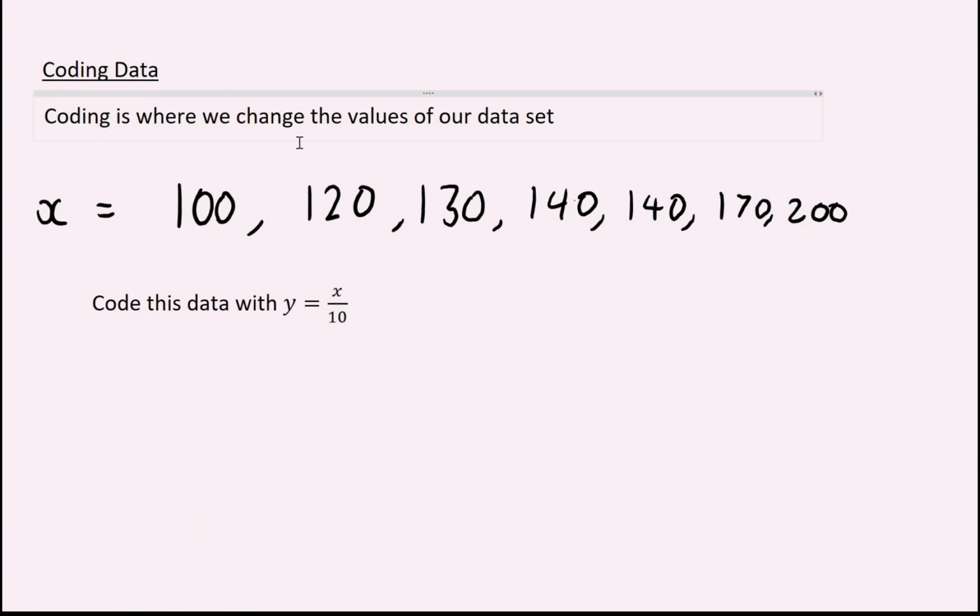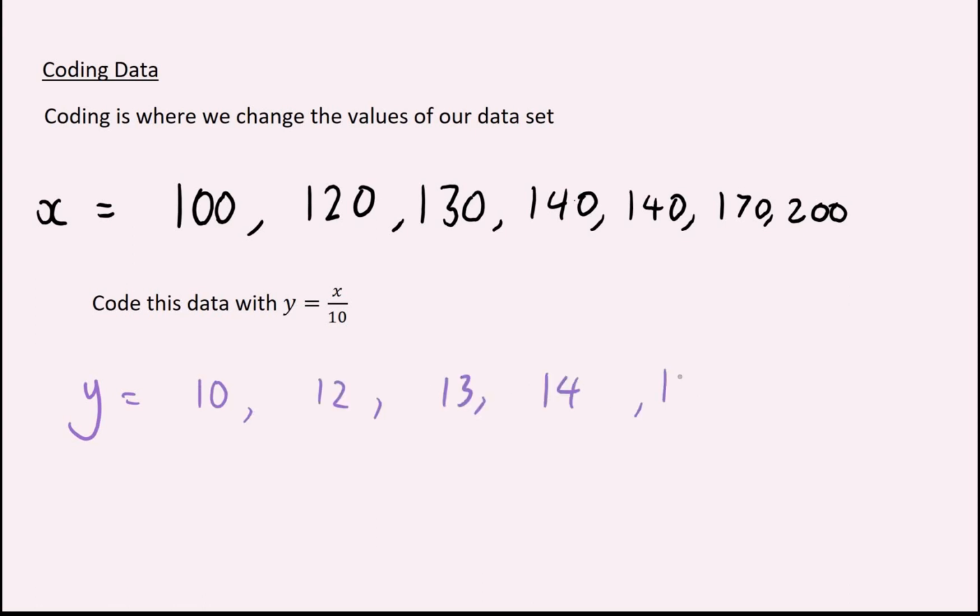We can also code data by dividing it by a number. So here I've got all these numbers and I've divided them all by 10, which is going to give me this new set. Now looking straight away, this will affect my standard deviation. Because I've divided the numbers all by 10, that means they're now closer together. So before these numbers were 100 apart, now my coded data, they're only 10 apart. So that will affect my standard deviation.